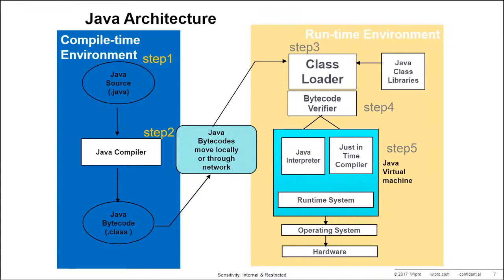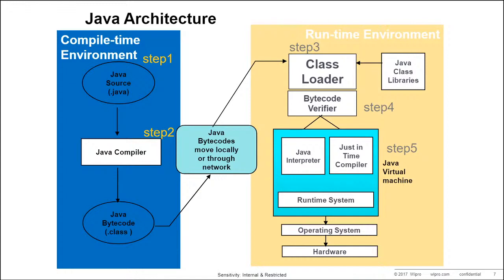One simple question to you: is this JVM platform dependent or independent? So the answer is, this JVM is platform dependent. It's only the bytecode generated by the Java compiler that is platform independent, but the JVM is platform dependent.